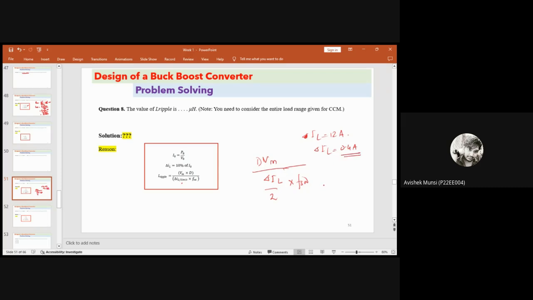So put the values. If we solve it, it will be 3335 microhenry. The nearest answer given is 3333.33. So we calculate it like this.